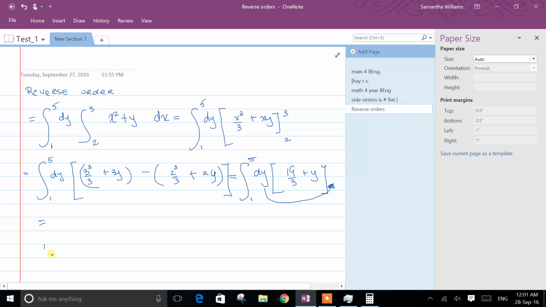Okay, so if we are to integrate with respect to y, that 19 over 3 is simply 19 over 3y plus y squared over 2 from 1 to 5.